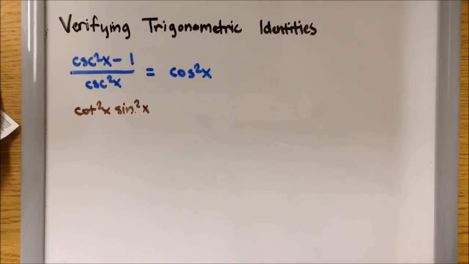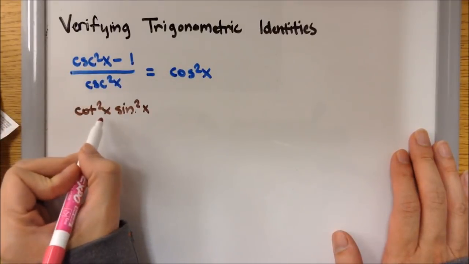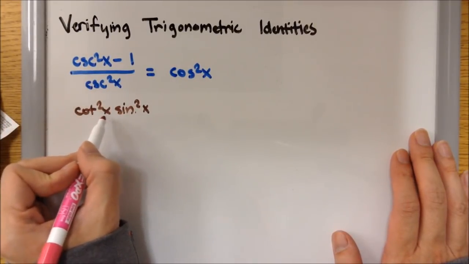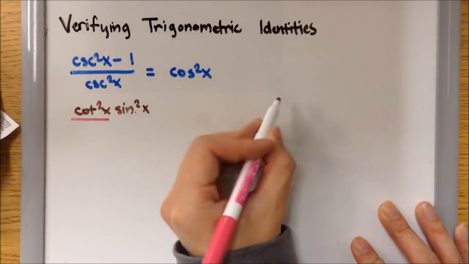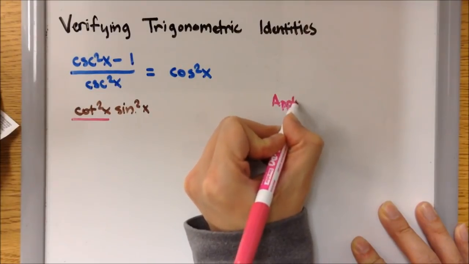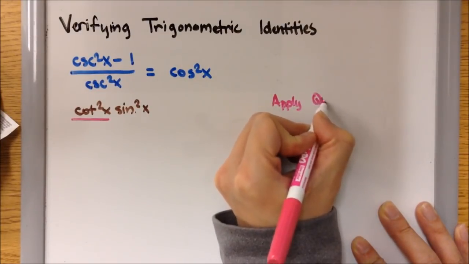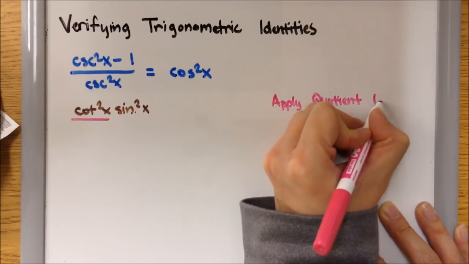Now, what I would analyze, or ask myself, is there a relationship between cotangent square x and sine square x? Yes, there is. I can apply the quotient identity.